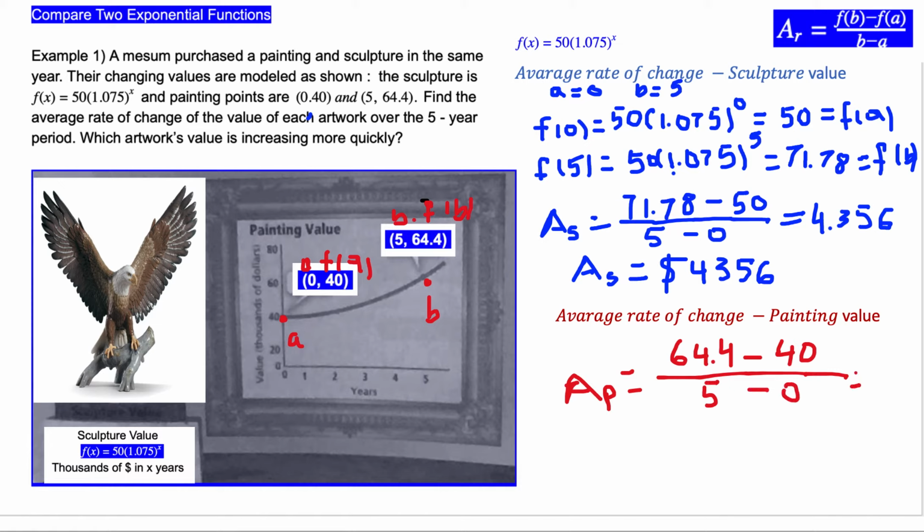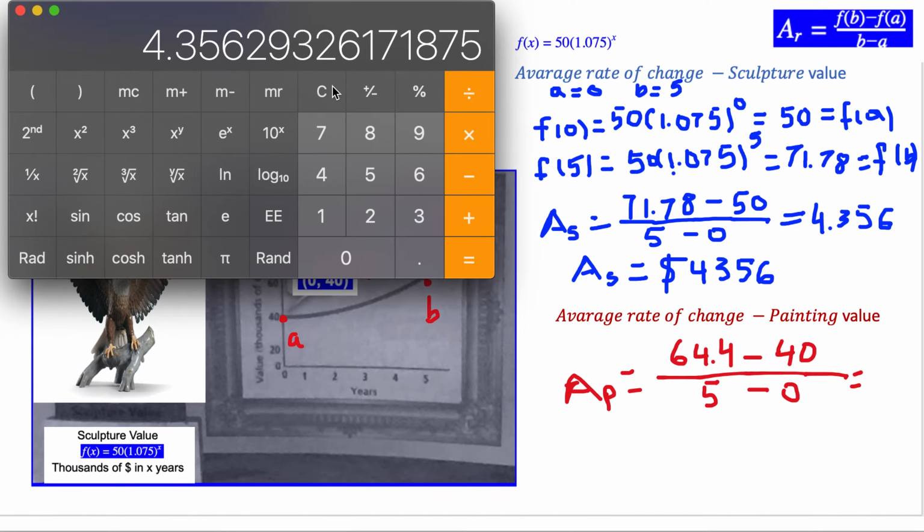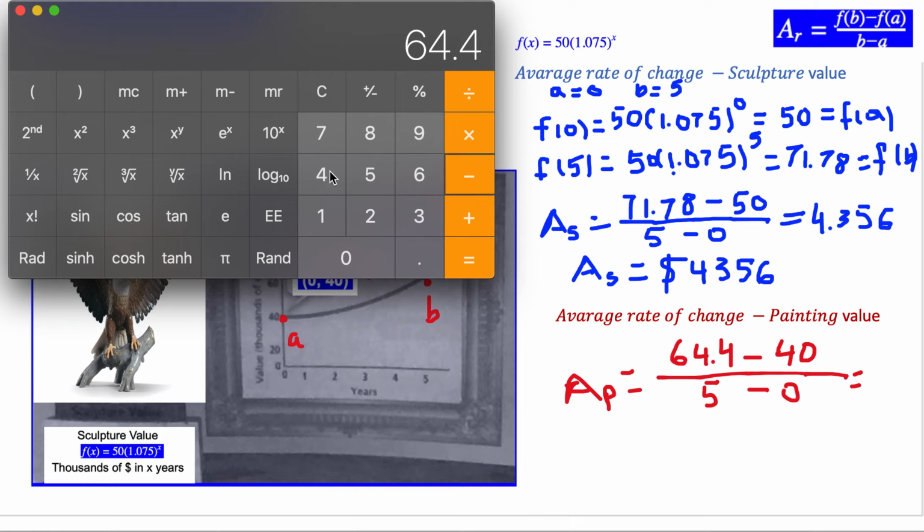So 64.4 minus 40 gives me 24.4, and we divide by 5. When we divide by 5, we get 4.88.